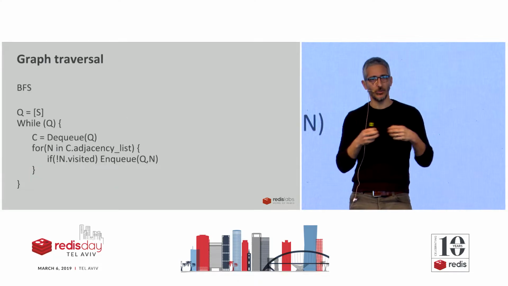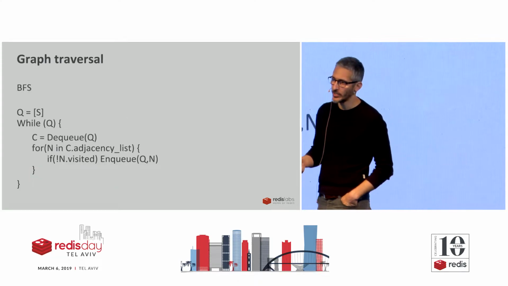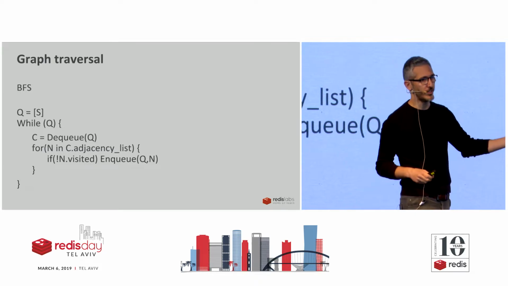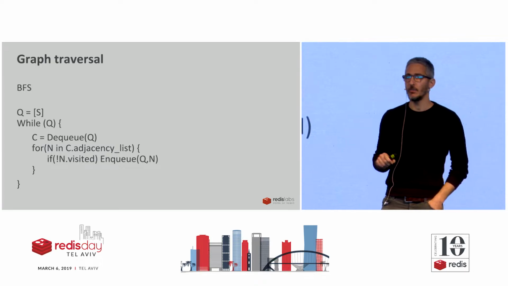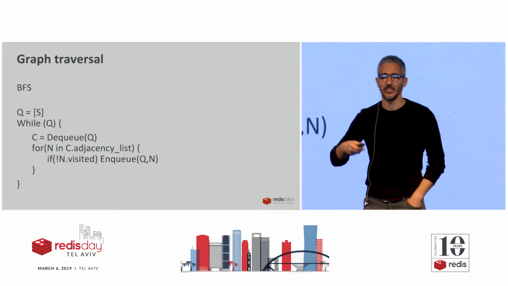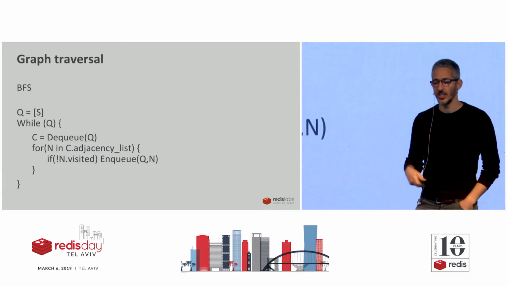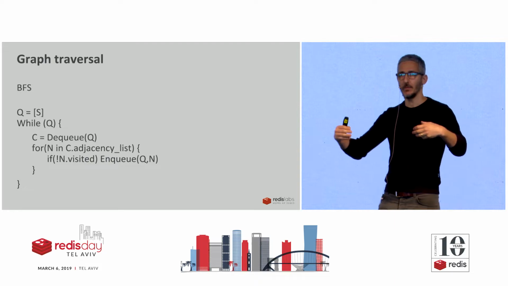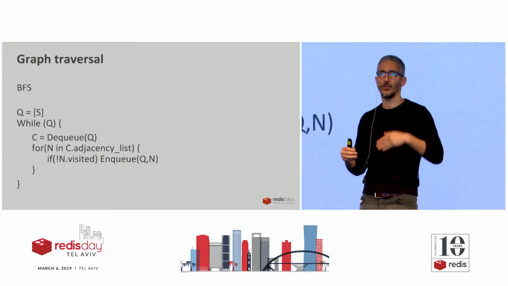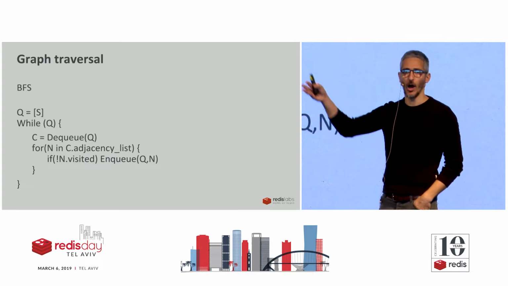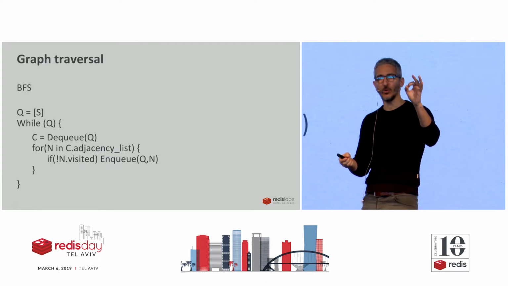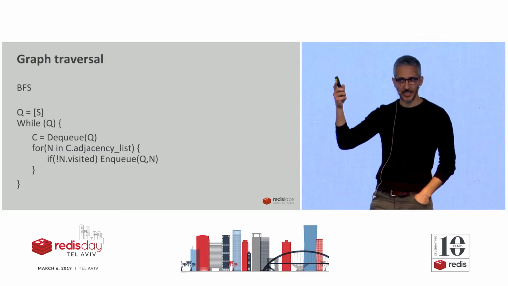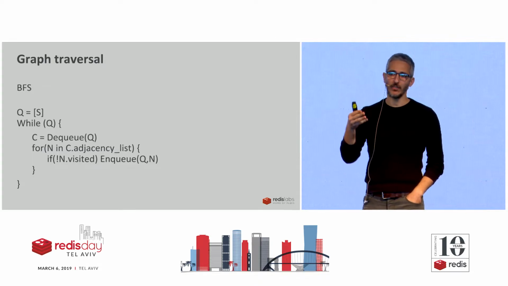Once you have the graph structure, one of the basic operations that you're doing with graphs is traversing. You will see traversal all over the place. One of the most common ways to traverse a graph is the breadth-first search traversal. Basically, I want to see which nodes can be reached after doing 1, 2, 3, or n hops. The idea is I take the node that I want to start my traversal from, let's call that node S, starting point, and we put it into a queue.